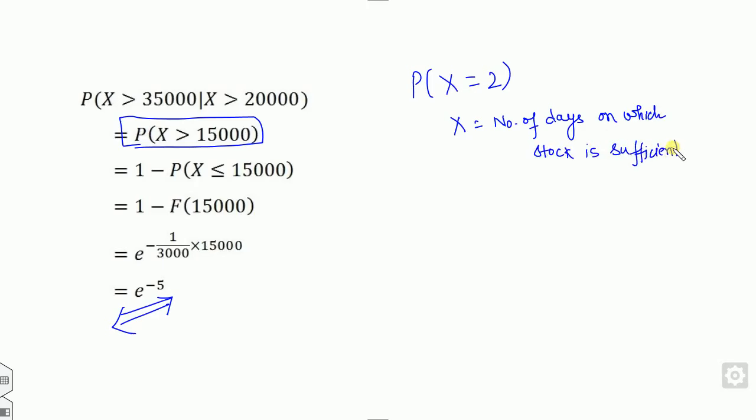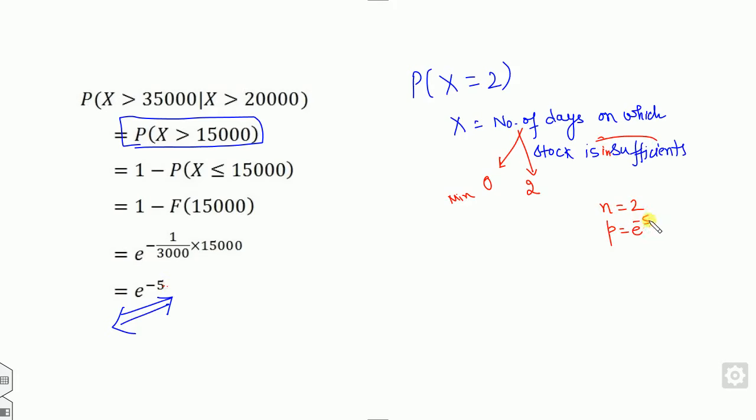Okay, so this is a discrete distribution because number of days is always discrete. What is the minimum number of days and the maximum number of days? Minimum is 0, and maximum number of days is 2. So it means n is 2. Probability of the insufficient is this.